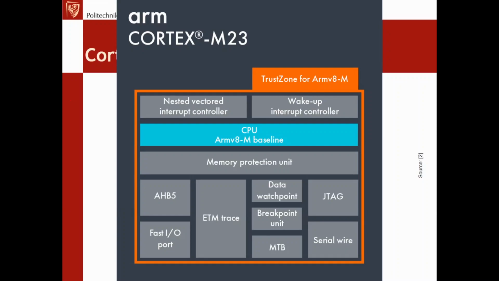As I mentioned last time, the M23 is a simple core, something slightly better than M0+, but with security, with TrustZone being added to the core. So this is the major difference here in case of Cortex M23.